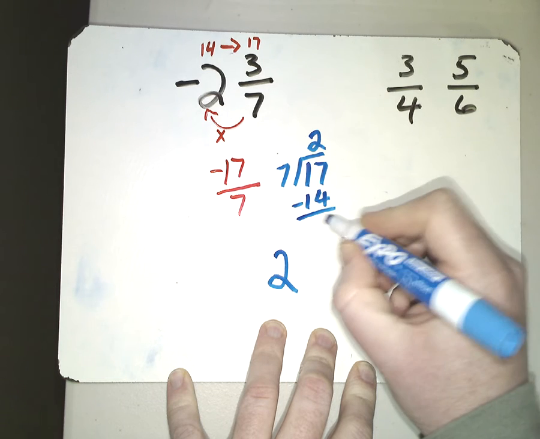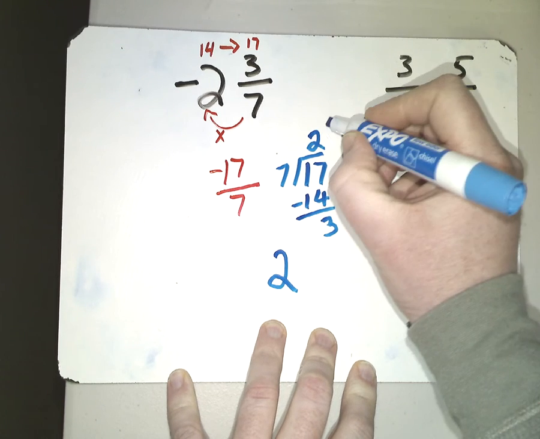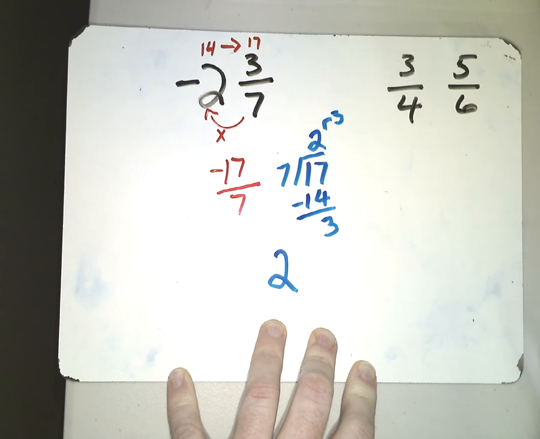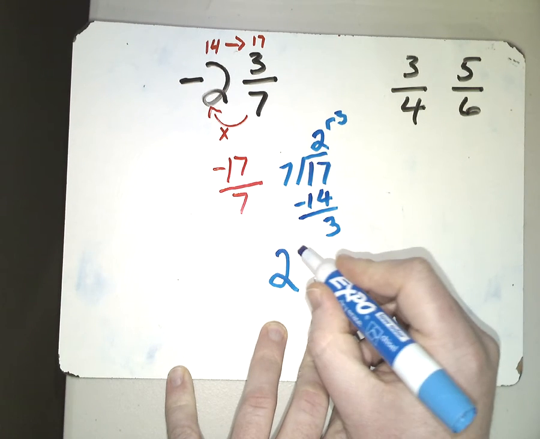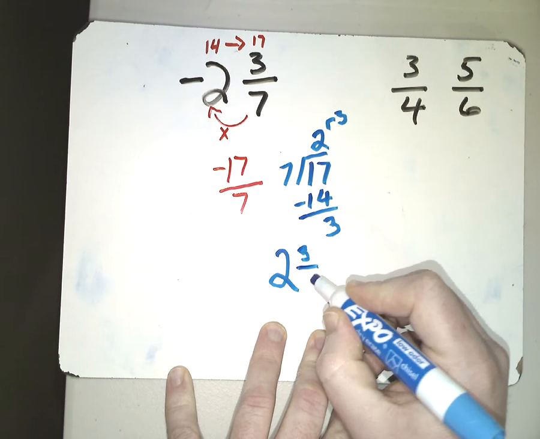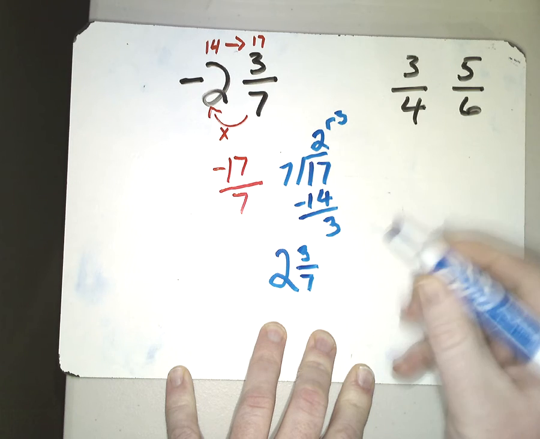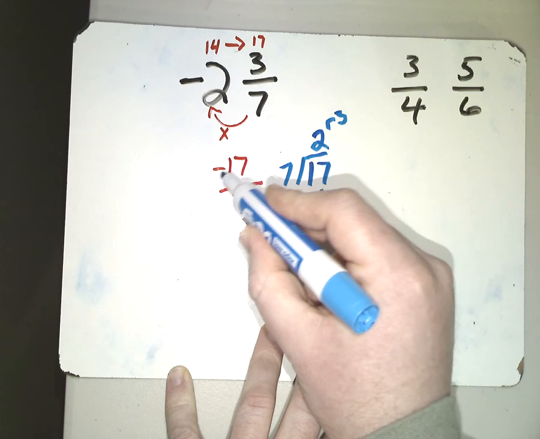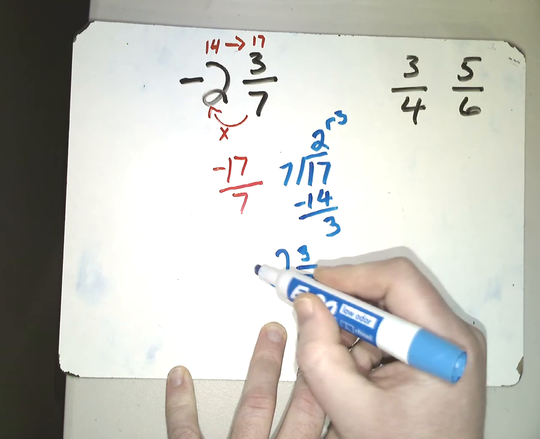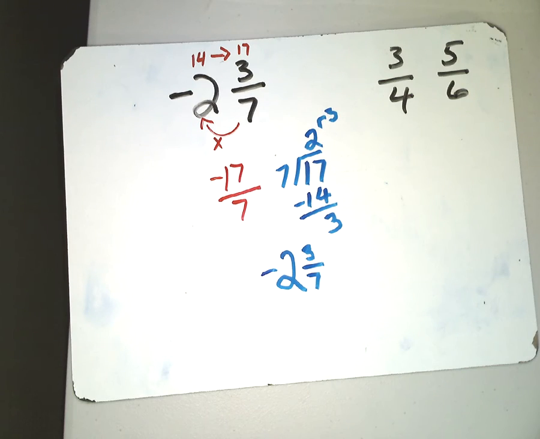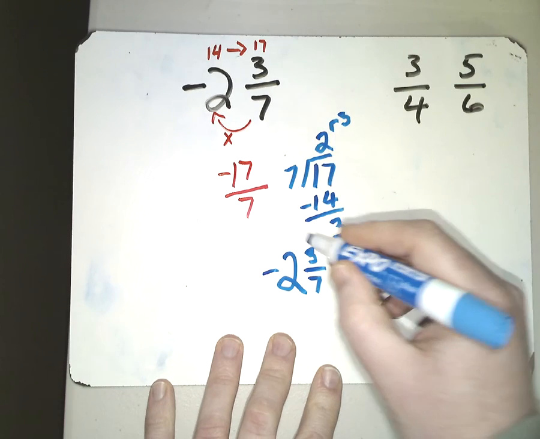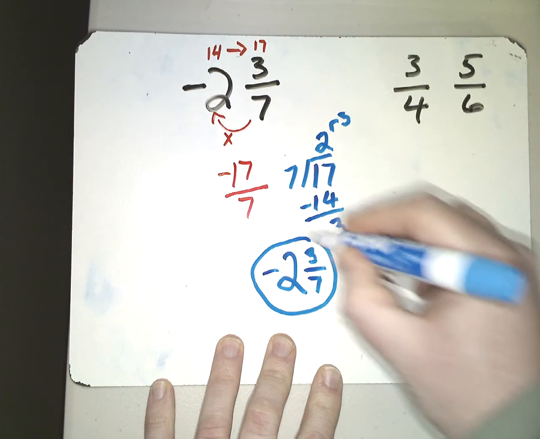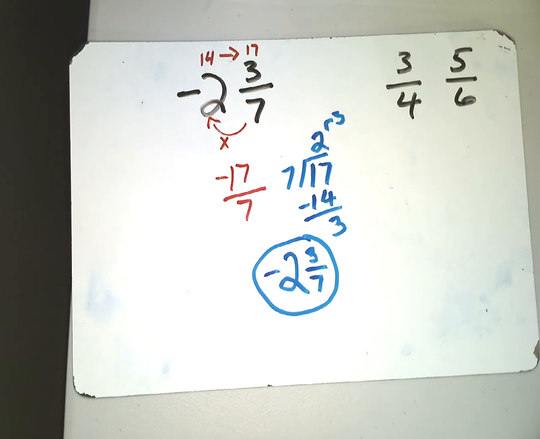And then I do my subtraction and I get 3. My remainder is 3, and that is my new numerator. And then I have my denominator. And again, I had a negative here, so I need to make sure that that value is negative. Okay, so that's mixed number into an improper.